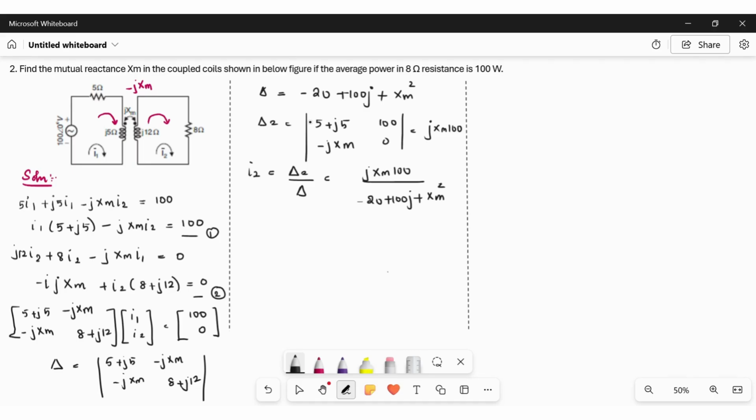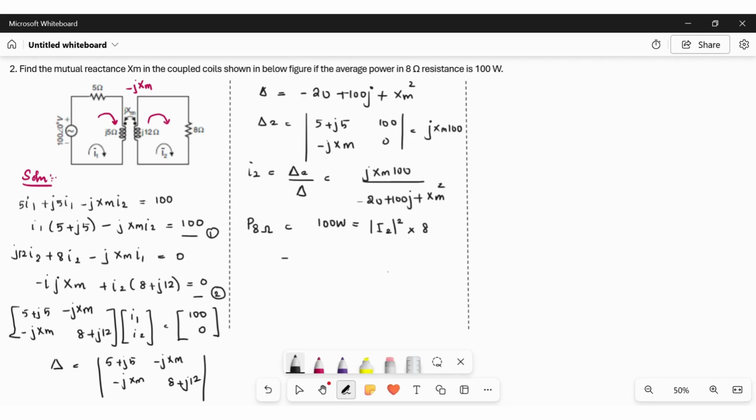Now, there is a hint given in the problem. The average power in 8 ohm resistance is 100 watts. So, how should we represent the average power through 8 ohms? P through 8 ohms is equal to 100 watts. And this can also be represented as I2 the whole square into 8, because I square R is the power.